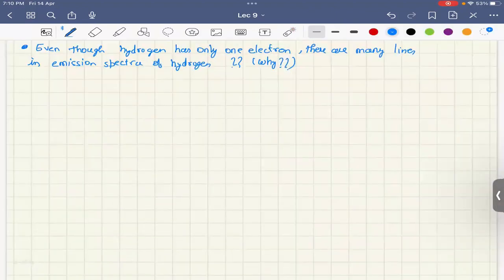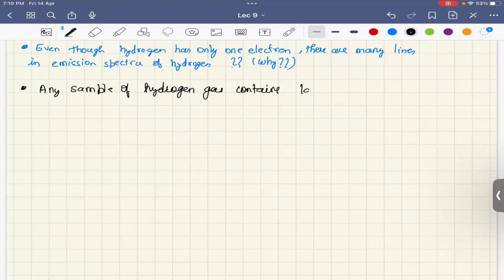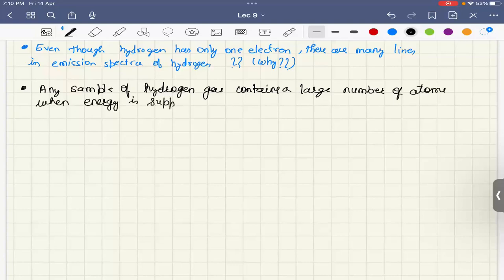So let us write this down. Any sample of hydrogen gas contains a large number of atoms.